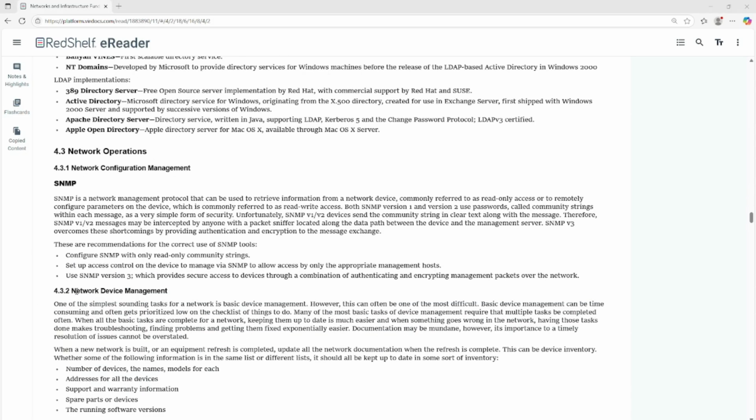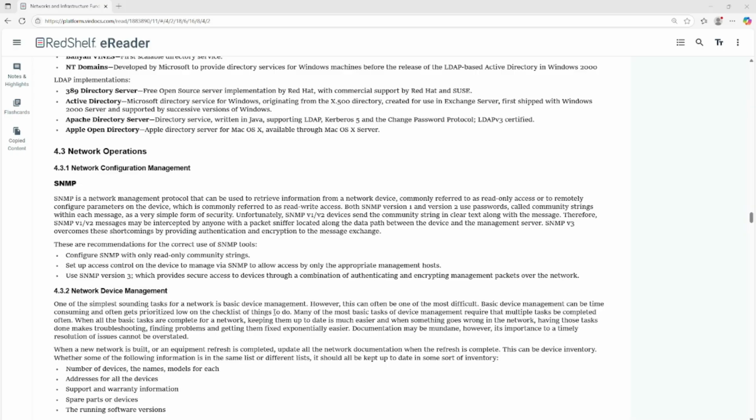Network device management, from its name, right? Manage a device that's on the network. For instance, when a new device is installed on the network or an equipment refresh is completed, all related network documentation must be updated.